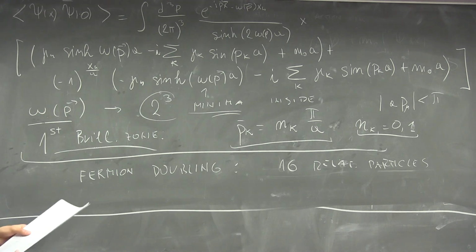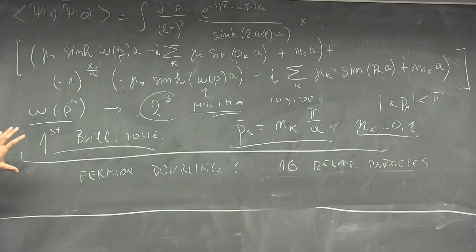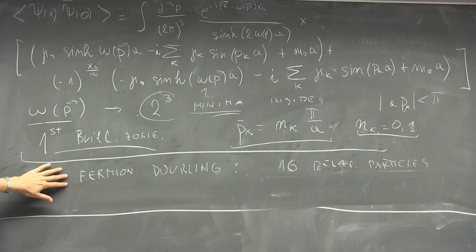And we will discuss in a little bit more detail tomorrow how we overcome this problem and define a discretized version of the fermion part of the QCD action, which does not have these unwanted doublers. Thank you.